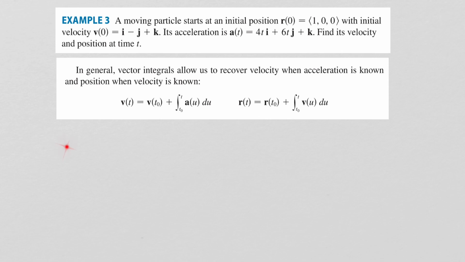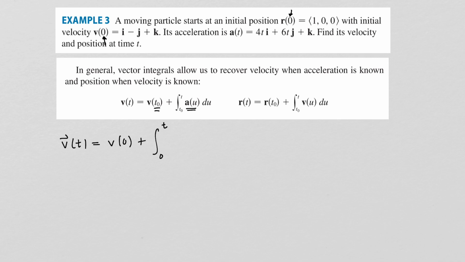So first we'll find the velocity function, v of t, and we'll do this by doing v of t0, okay? And t0 is 0 because they tell us that time equals 0 here in these initial conditions that they give us. Plus, then we're going to integrate from 0 to t the acceleration as a function of u, okay?